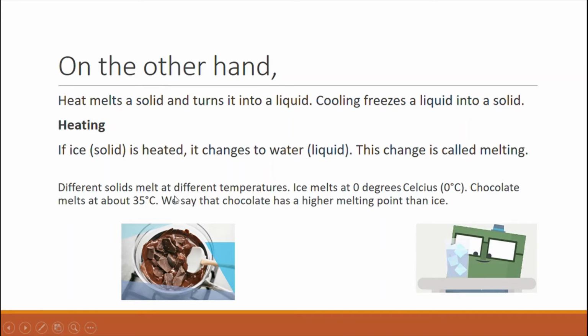Different solids melt at different temperatures. Ice will begin to melt at 0 degrees Celsius, while something like chocolate will actually melt at 35 degrees Celsius. We say that chocolate has a higher melting point. So if you ever want to have a nice melted chocolate, if you brought it to 0 degrees, it would not make a difference. It wouldn't start melting until much higher temperatures.